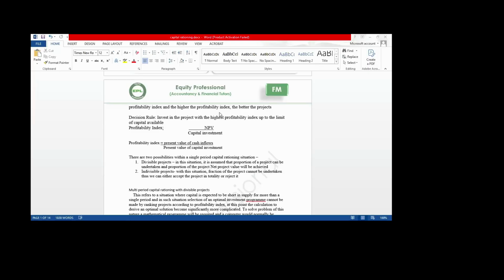We have other projects: mutually exclusive, mutually dependent, independent. When we get to questions, your syllabus at skills level only says we should look at single period projects, single period capital rationing.